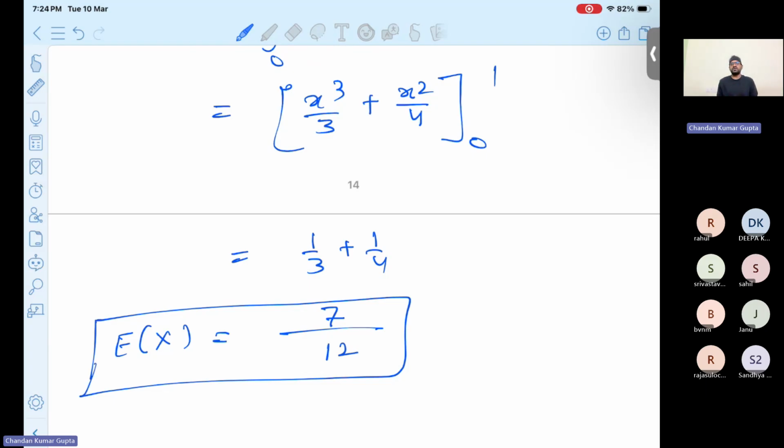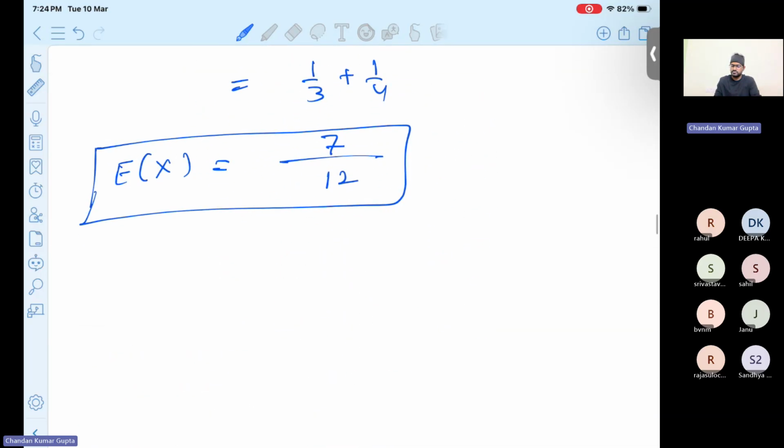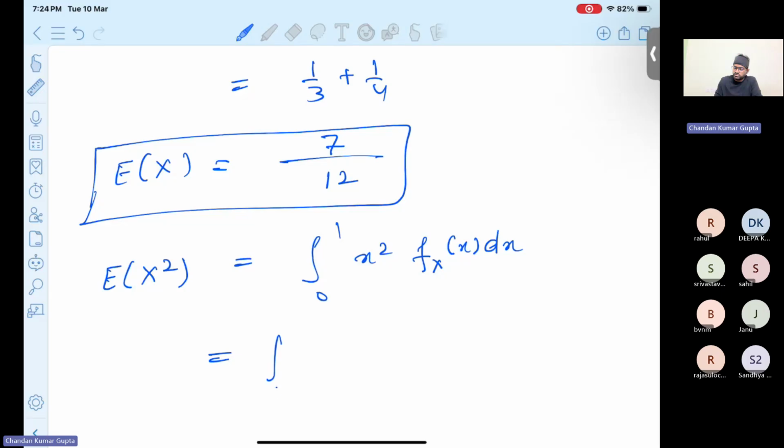We have the expected value of x. Now the next step is to find the expectation of x square. So again, the integral from 0 to 1 of x square fx dx. These are just calculations. Now it's the integral from 0 to 1 of x square times x plus half, since the marginal of x is x plus half.